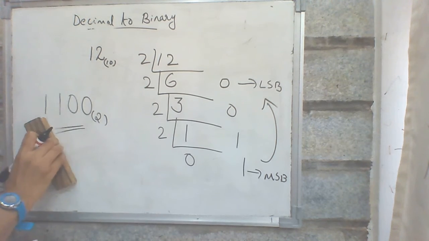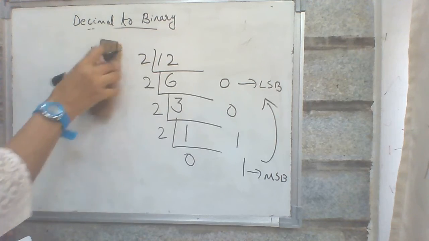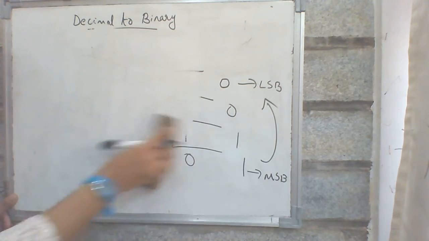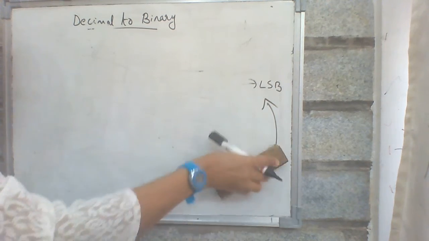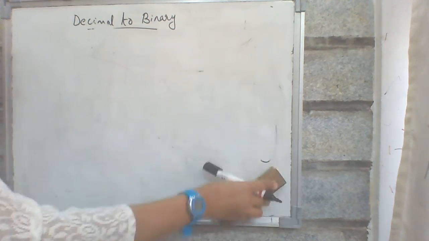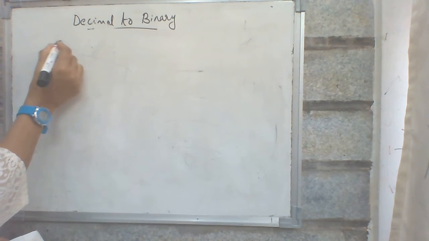Then, how to convert a decimal fraction to binary? Suppose the number is 0.36.